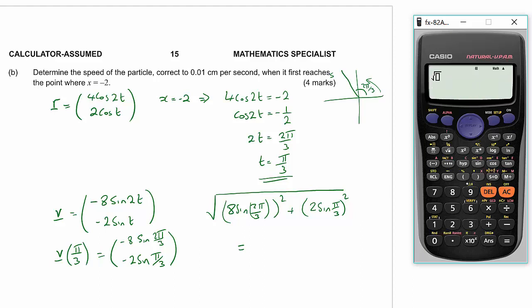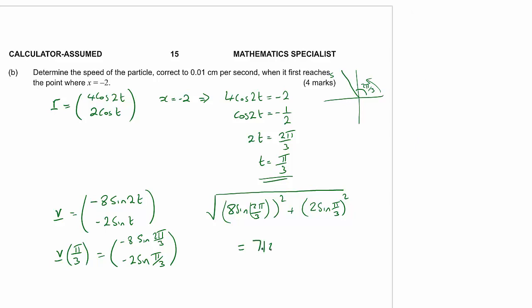So I've got the square root of 8 times sine 120 squared, add, open bracket, 2 times sine 60 squared, and that's going to give me, to the nearest 0.01, 7.14. 7.14 centimeters per second.